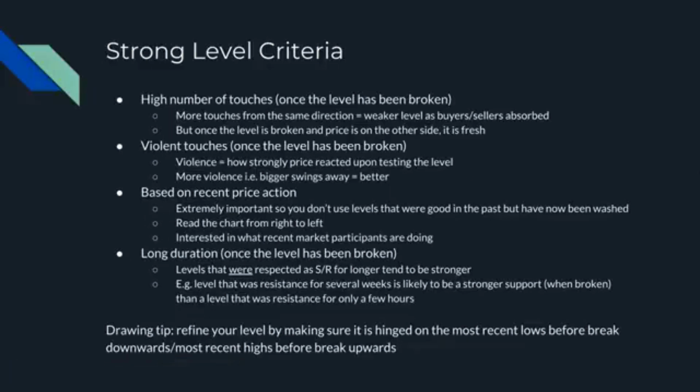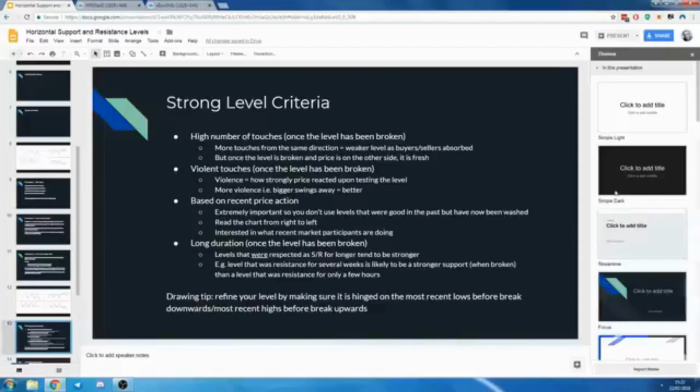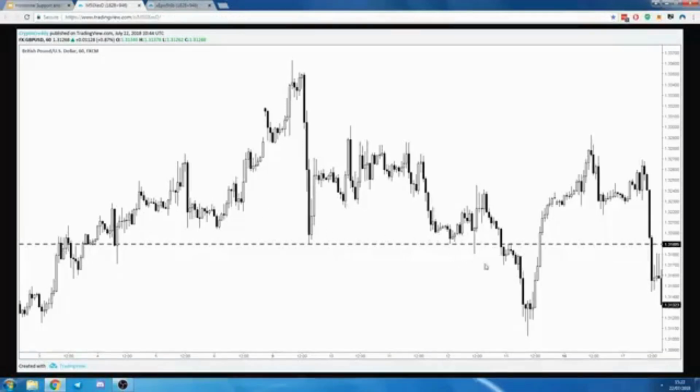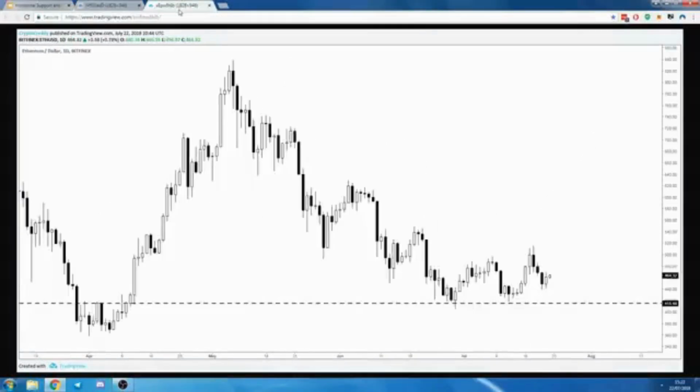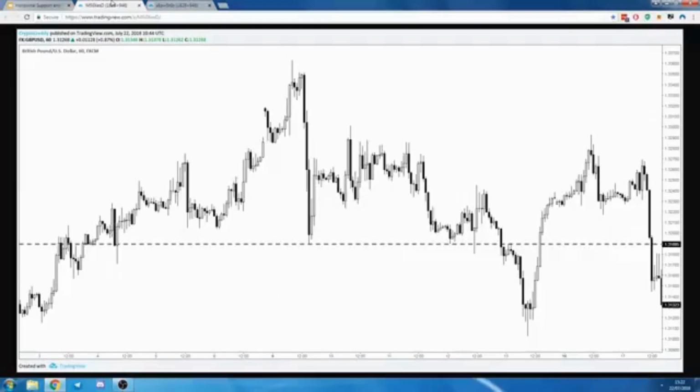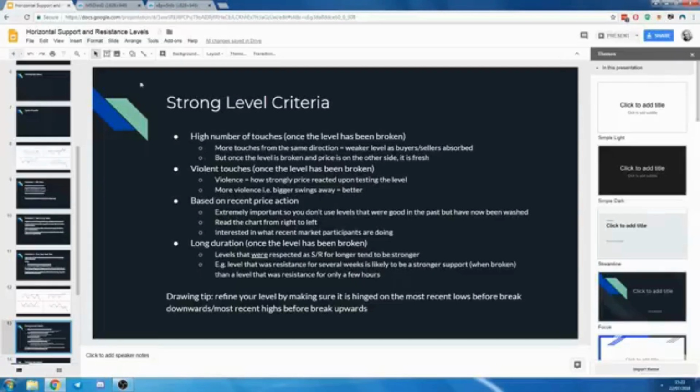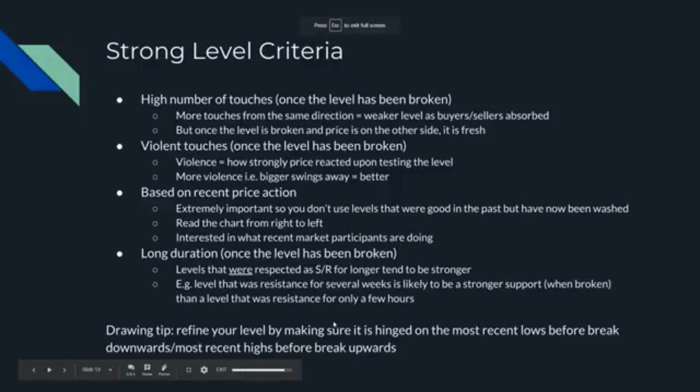And when it comes to a drawing tip, a lot of people are going to ask, do I use wicks, candle bodies, etc.? It doesn't really make a huge difference at the end of the day, but what I would suggest is refine your level by making sure it is hinged on the most recent lows before breakdown, or the most recent highs before a breakup. For example, I don't think I have a very clear example here, but either way, this will make sense when you're looking at it.